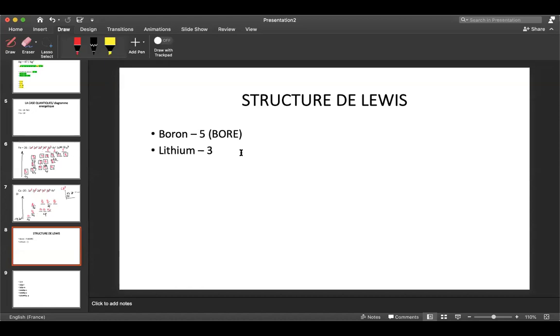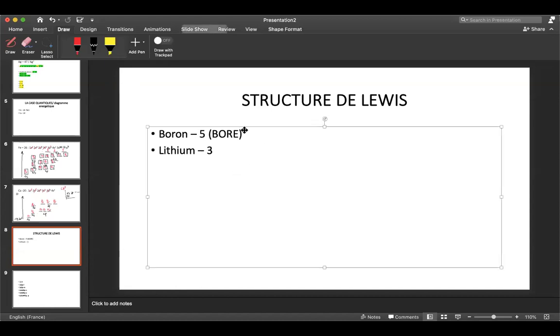Yes. Okay. So to just wrap up everything now, we're going to look at the Lewis structure. So Lewis structure is what you guys used to call, what do we call those things? Is it orbitals? I think it's orbitals. Now with Lewis structure, we always represent the couche de valence.